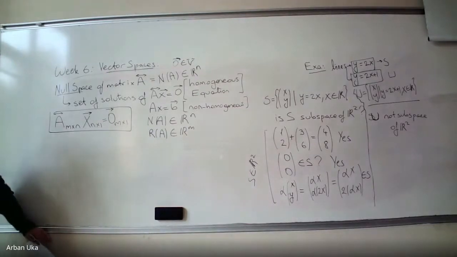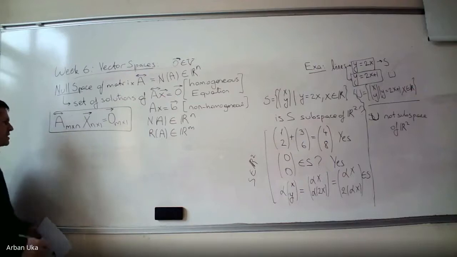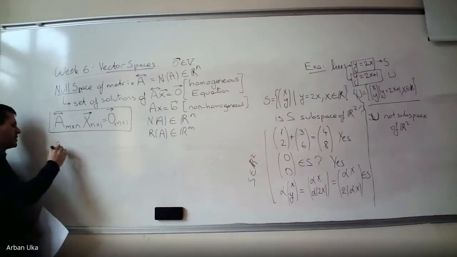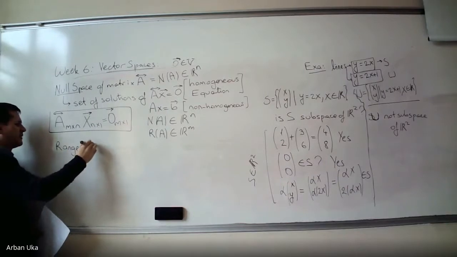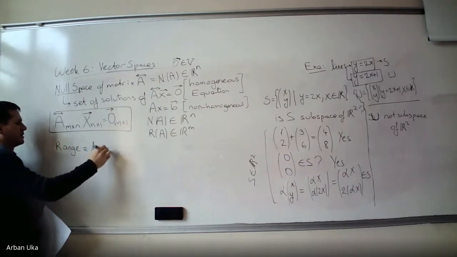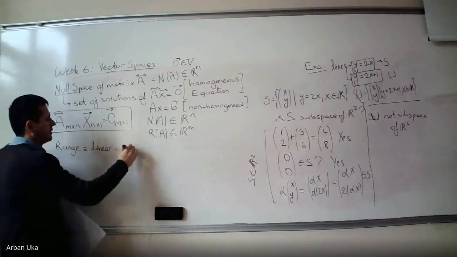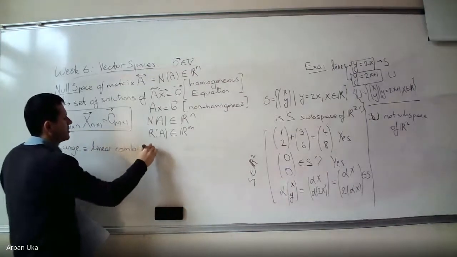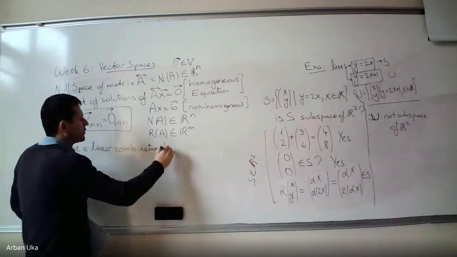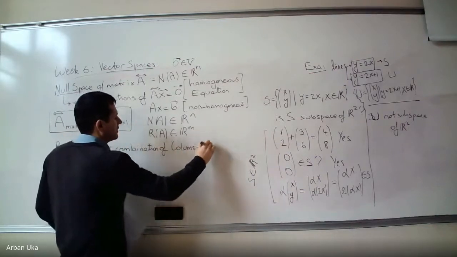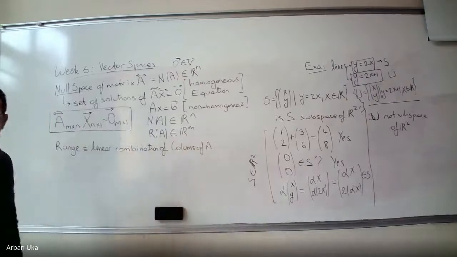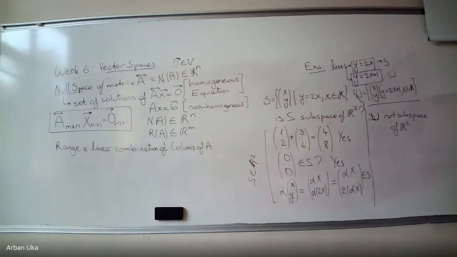Now, when we did the range here today in our class, we said that the range was what? It was defined as a linear combination of what? Of the columns of A.